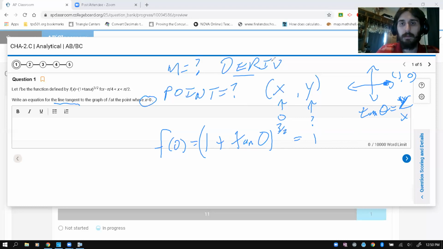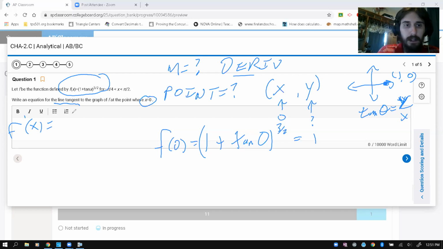To find the slope, again, we take the derivative. To take the derivative of this function is going to be the chain rule, because we have two functions here. We've got this inside function, 1 plus tangent of x, that's being raised to the power of 3/2. So we have to deal with the outside first. To take the derivative of this quantity to the 3/2 power, I use the power rule.